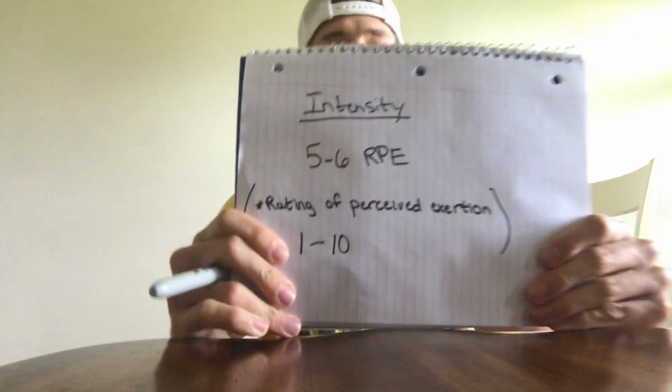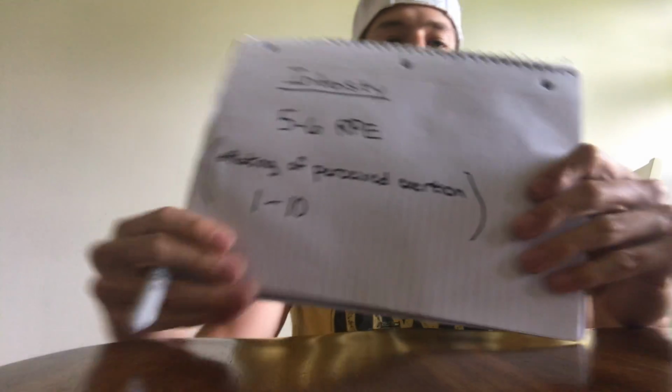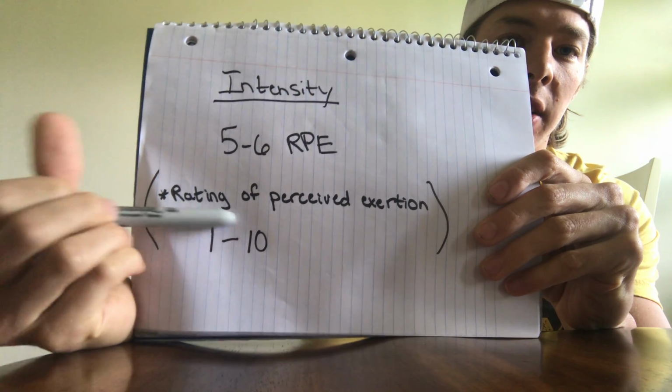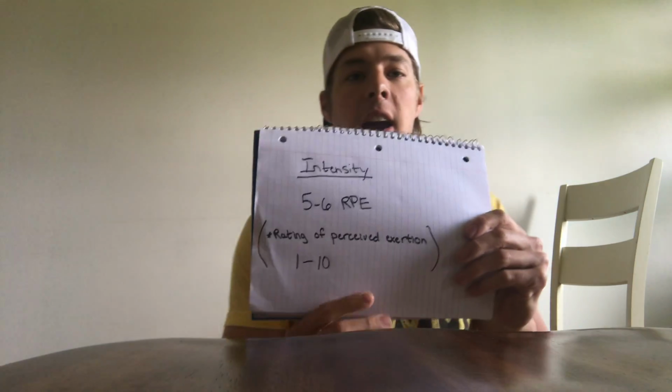All right, guys. Another thing you'll see is intensity, okay? Intensity. I have 5 to 6 RPE. So RPE refers to rating of perceived exertion. The scale that I'm using is a 1 to 10 scale. 1, basically it's the easiest exercise that you have done and you can do it for a very long time.